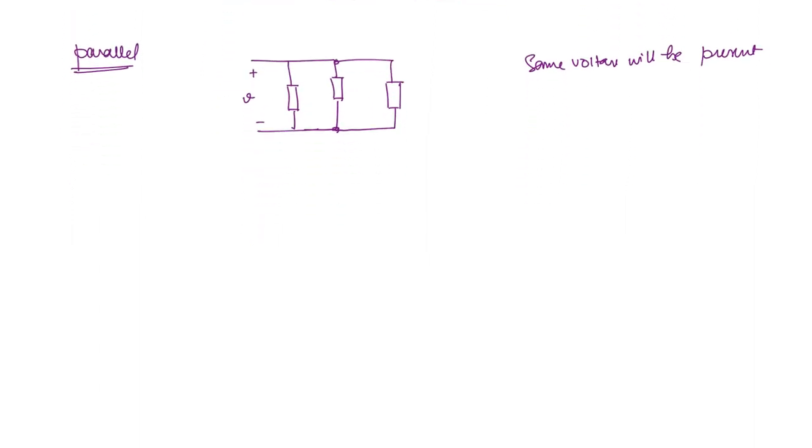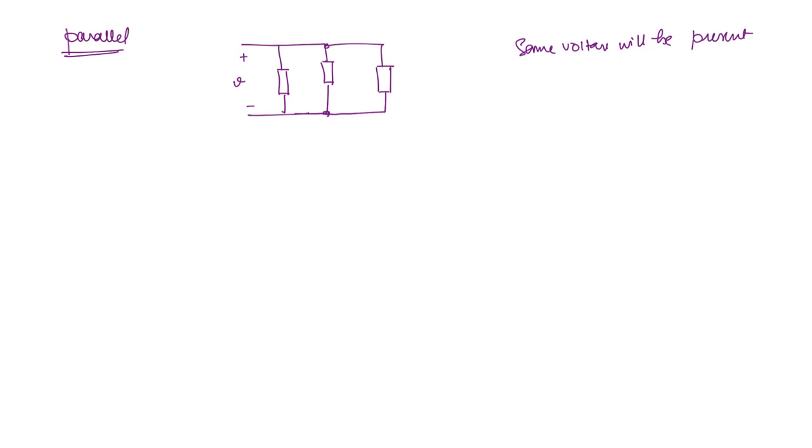Now, if you take the sources, first we will consider voltage sources. When a number of voltage sources are connected in parallel, care has to be taken that all of the voltage sources have the same value.